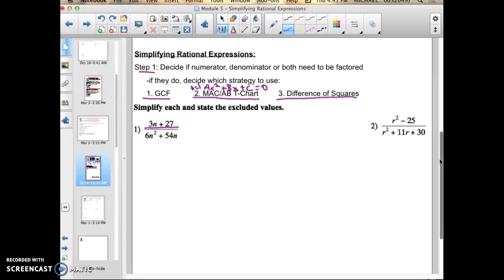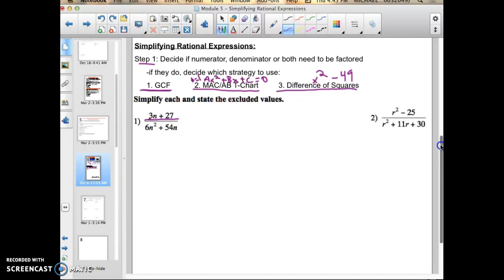Difference of squares, it has to be something like x squared minus 49, where 49 is a perfect square and it's missing its b term. In this case, it has the b term, it does not have the a term. And so the difference of squares doesn't work either. So the only thing left to do is consider the greatest common factor.